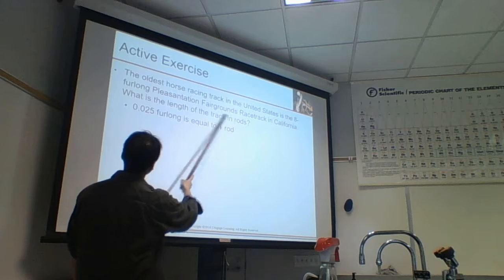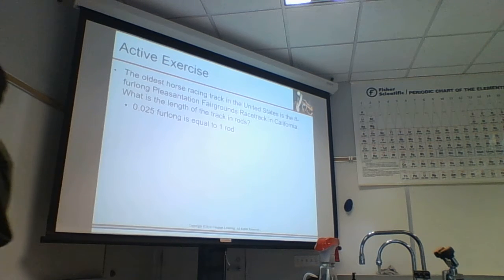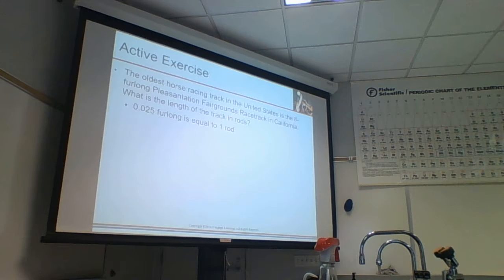What's given? 8 furlong is given. If we're given 8 furlong, then it doesn't matter if we understand what a furlong is or not. I don't actually know what a furlong is, but I do know that I need to get rid of it.